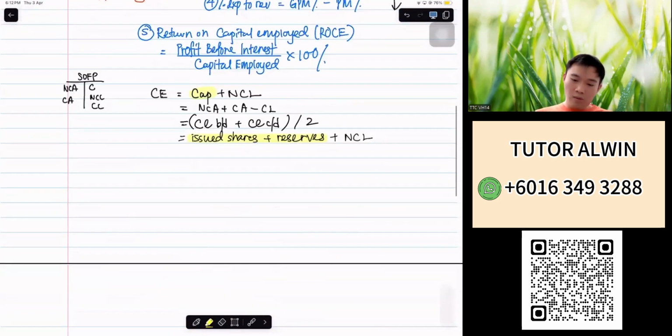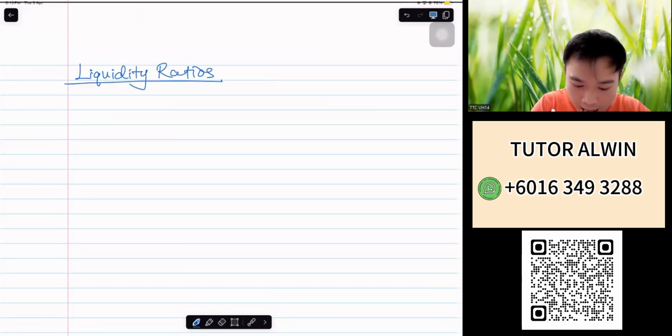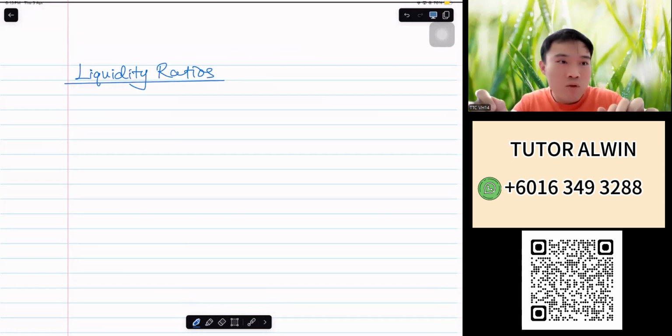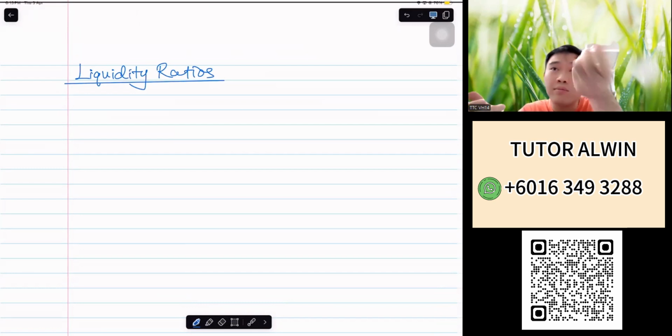Okay, the next one will be our liquidity ratio. Liquid, very liquid, huh? Liquidity ratios, in which they are talking about your money. Our money flows like water, don't you think so? Whenever we are talking about cash, we get money, cash for sales of a product, money comes in fast.